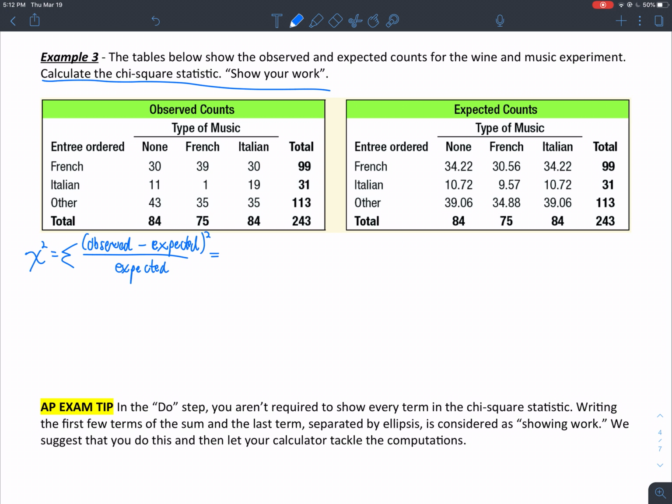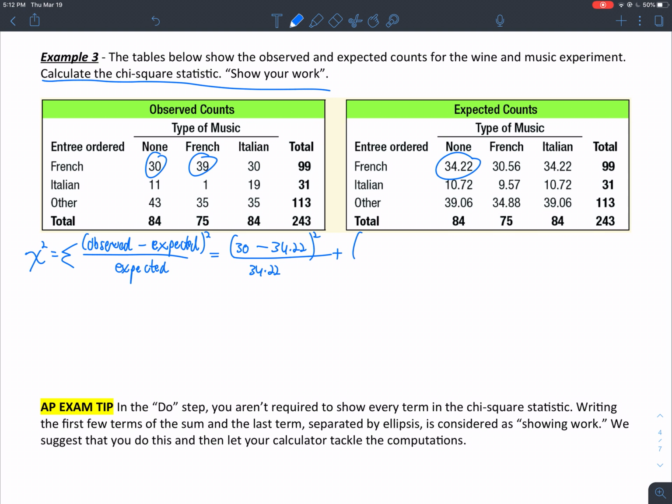Now there are 9 terms to do, but we are not doing 9 things. You can forget that. Our strategy is to write your first observed count minus my first expected count, 34.22, squared over my expected count, 34.22, plus, let's do another one. Let's say we proceed from left to right in the top row.